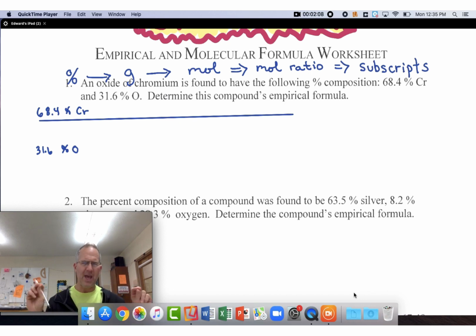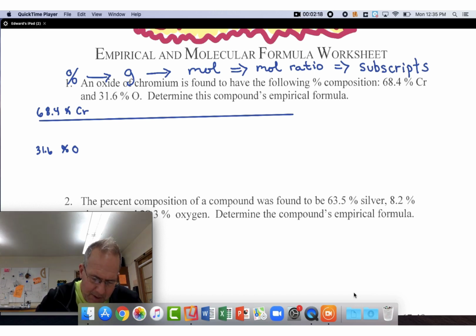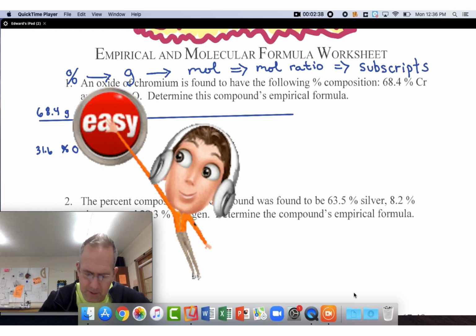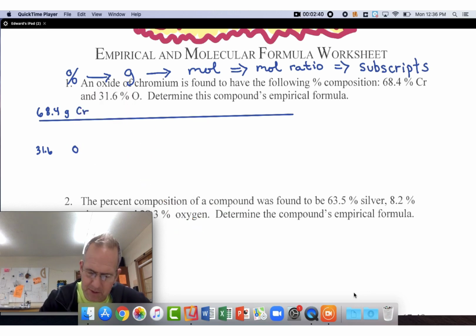Because if we say we have 100 grams, and we have 68.4% of 100 grams, we're just really saying that we have 68.4 grams of chromium, right? We're assuming we have 100, and that's the easiest way to do that. So if they give you percent, just say, I'm going to assume we have 100, and you can just change that right to grams. All right, first trick of the day.